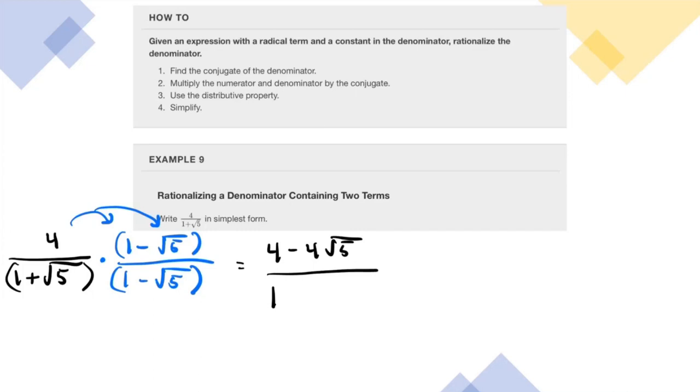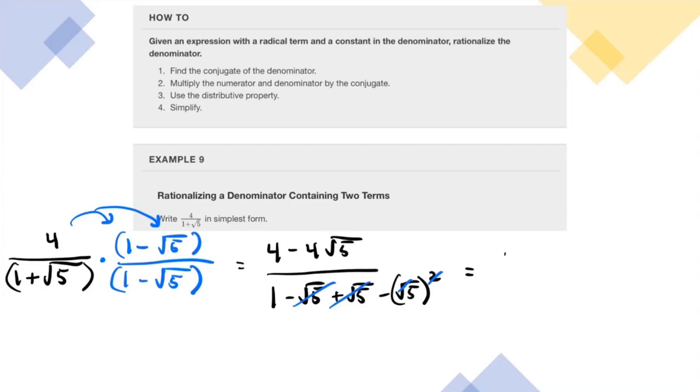Outer times outer is minus the square root of 5. Inner times inner is plus the square root of 5. And last times last is minus the square root of 5 squared. A number plus its opposite adds to 0. The square root symbol is the inverse of the squared symbol, so they cancel each other out. 1 minus 5 is a negative 4.